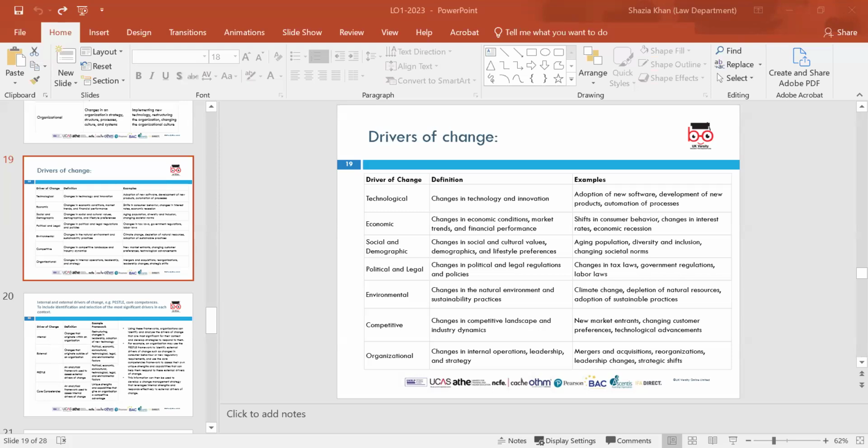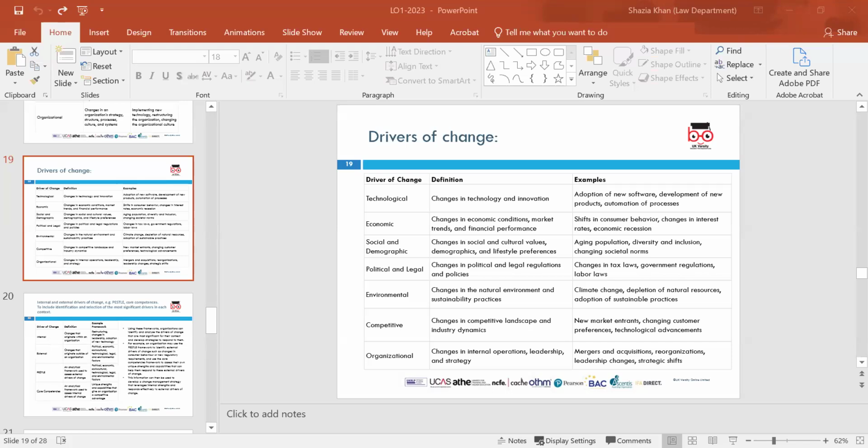It could be environmental changes, the fact that the environment is changing. It could be climate change, natural resources, or the adoption of sustainable practices. So these changes come about within an industry to impact on it.